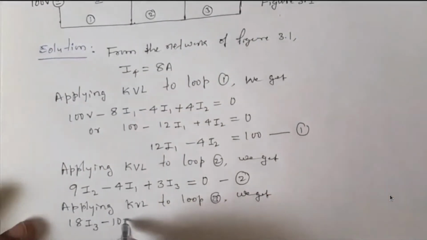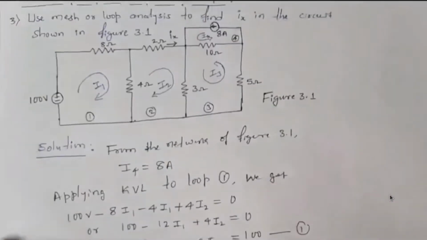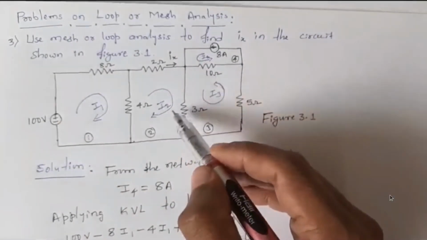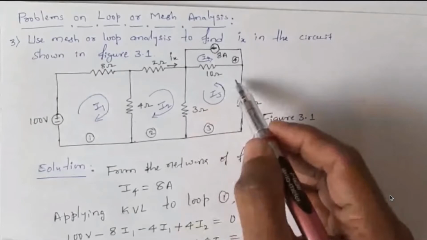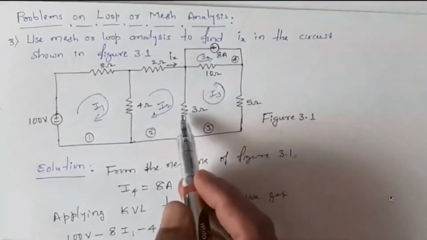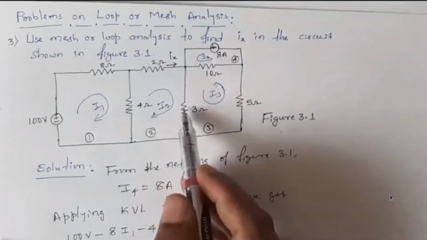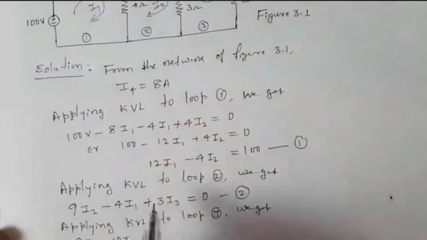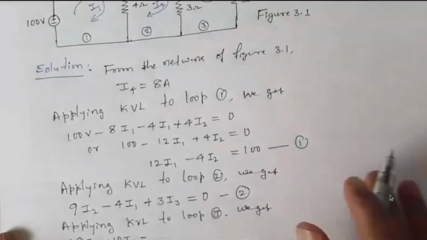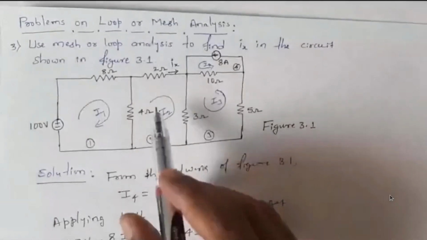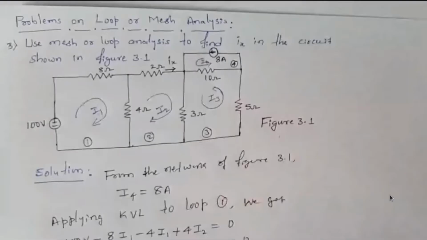And here, because I2 and I3 both are in the same direction, this is minus 3I2. So in this, one more current is minus 3I2. So I'll write here, this is minus, sorry dear students, I3 and I2 both are in the same direction.